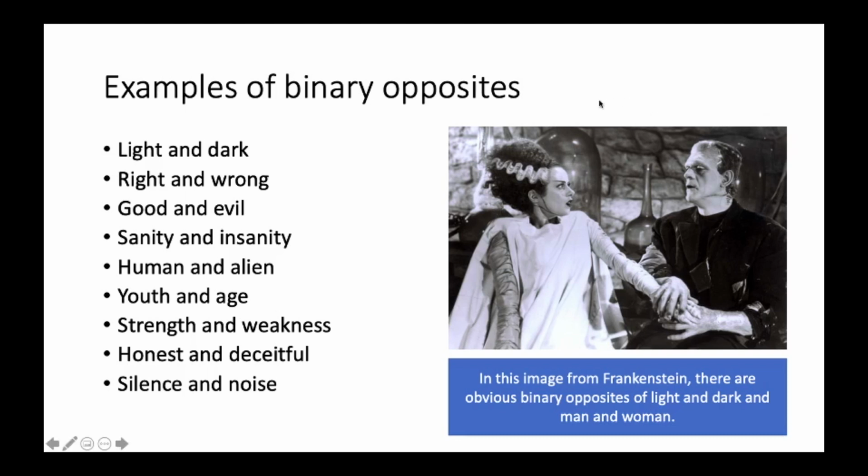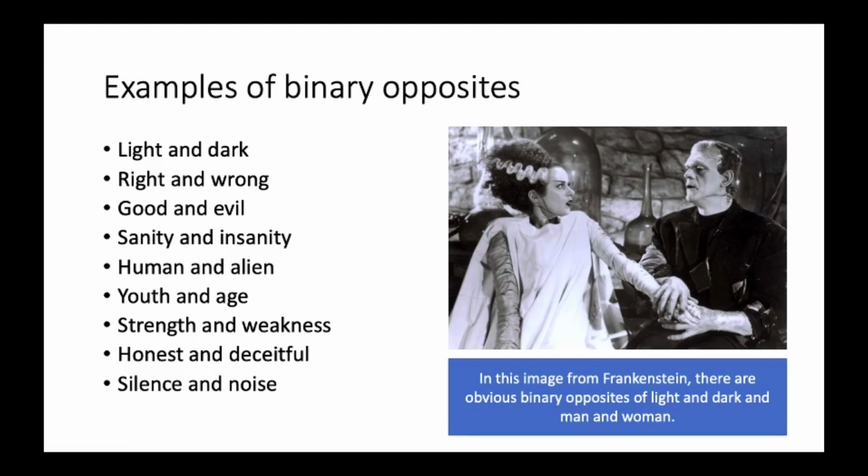I just wanted to take you now and have a look at this picture here. From that picture, you can clearly see an opposition of these two characters. First and foremost, probably the easiest one, which we've discussed already, is that the character on the left-hand side is wearing a very light dress, whereas the character on the right is wearing a very dark dress. So you've got that binary opposition between light and dark. I think also the fact that you've got a female character on the left and a male character on the right, again, that's a binary opposition.